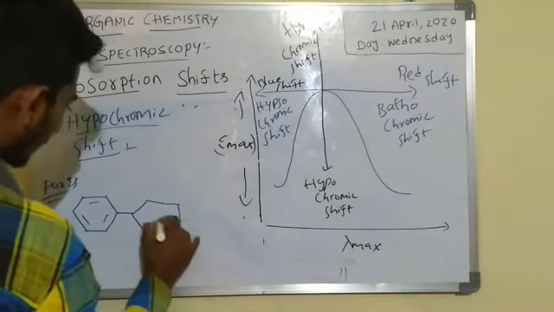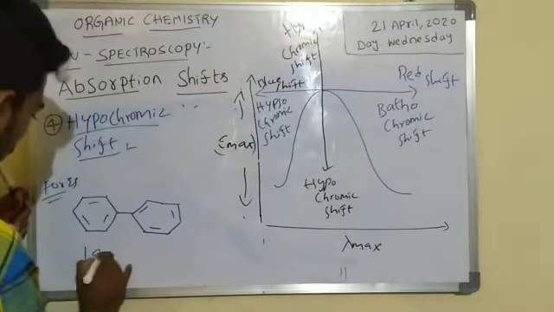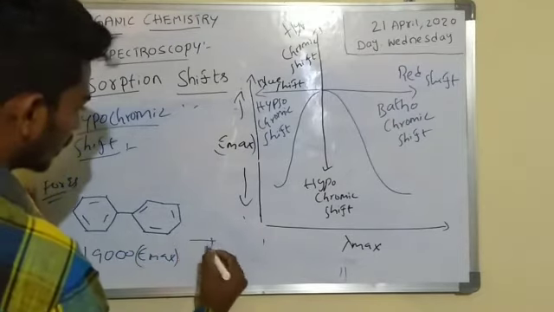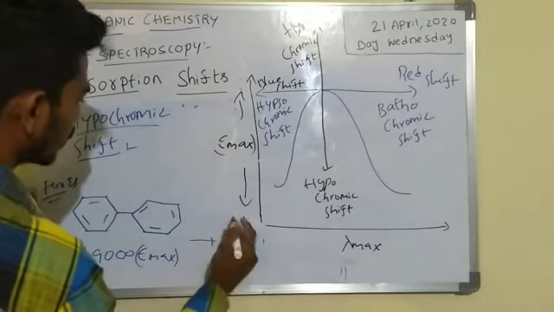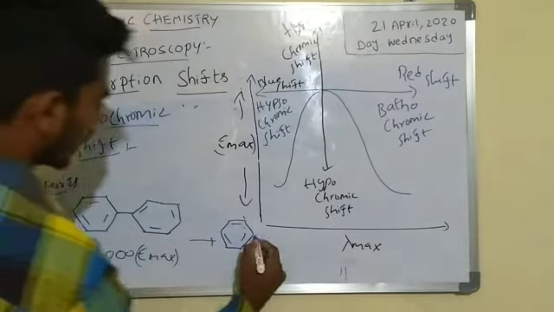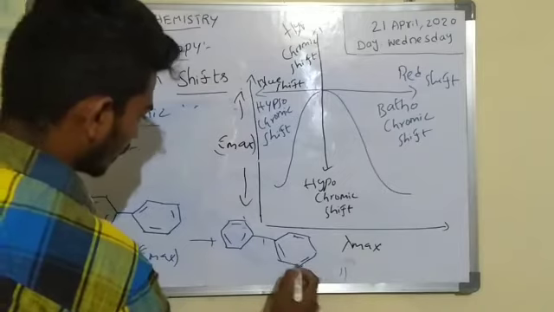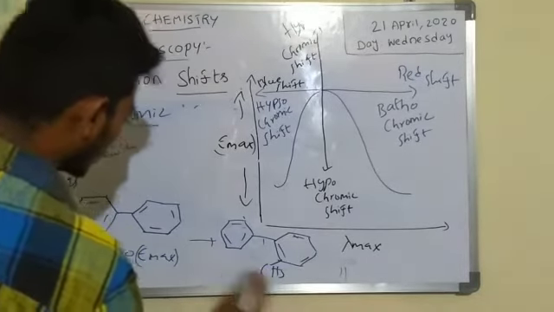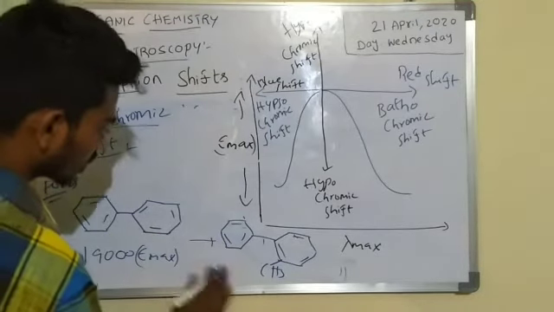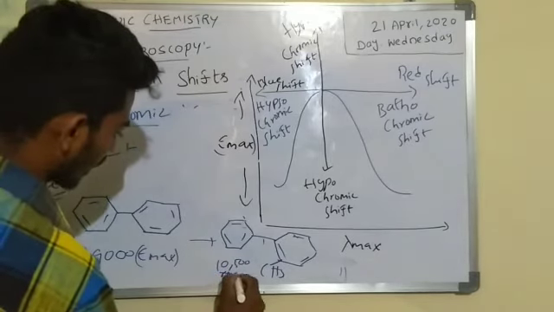Biphenyl group has a high intensity maximum, that is 19,000. Whenever a bulky group attaches to this biphenyl group, it decreases the intensity of absorption maximum to 10,500.